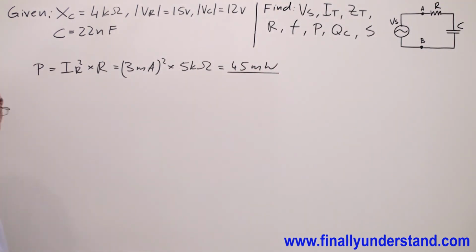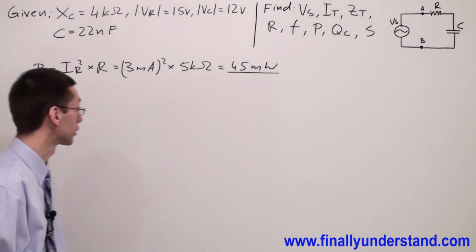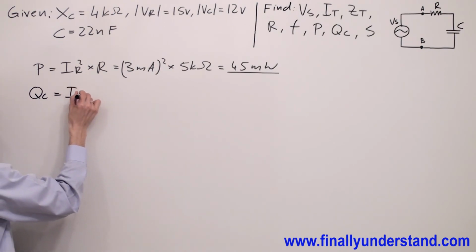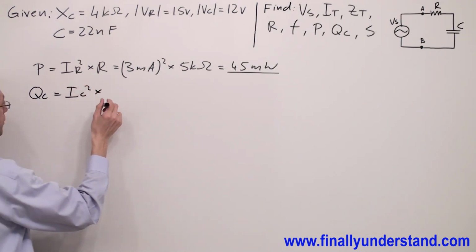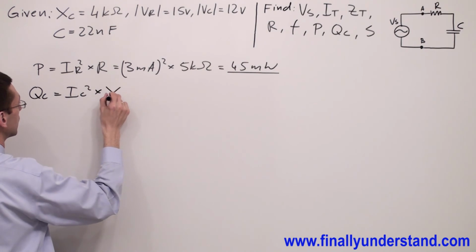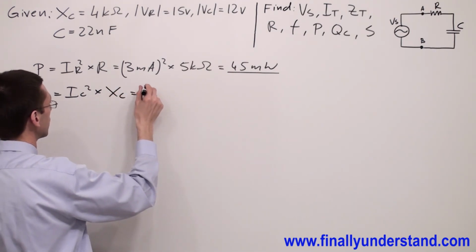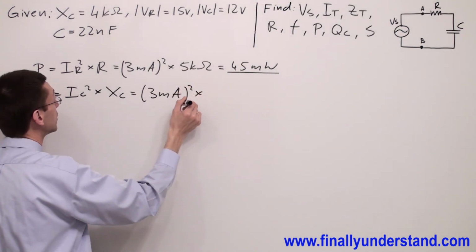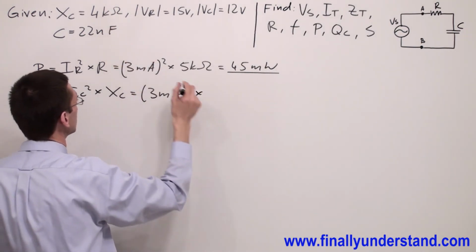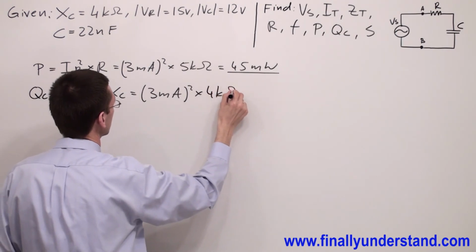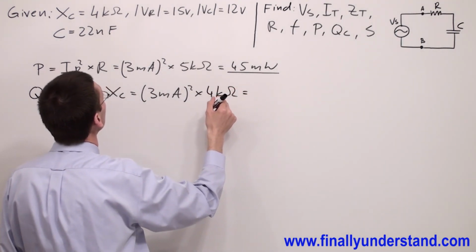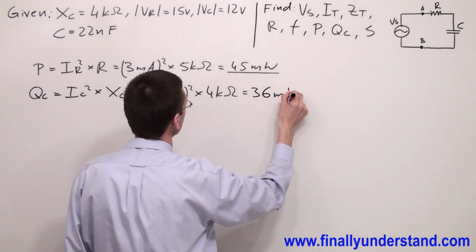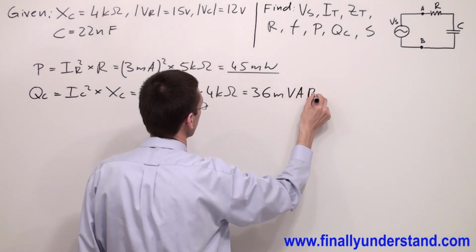Next, we're supposed to find the reactive power, QC. QC is equal to IC squared times X of C, which is equal to 3 milliamps to the second power times X of C, which is equal to 4 kiloohms. This is equal to 36 millivolt-amperes reactive.